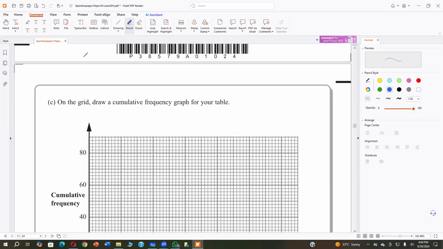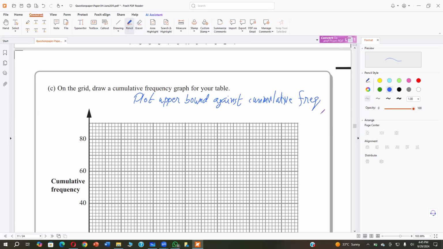Ideally, what the syllabus wants is to plot the upper bound against cumulative frequency.